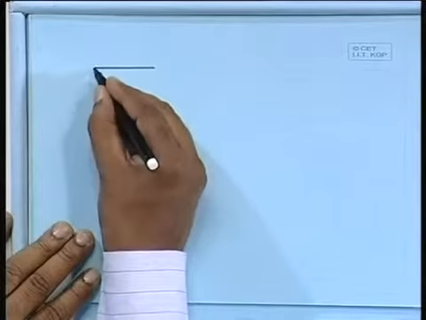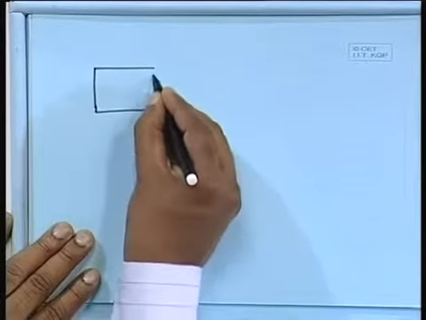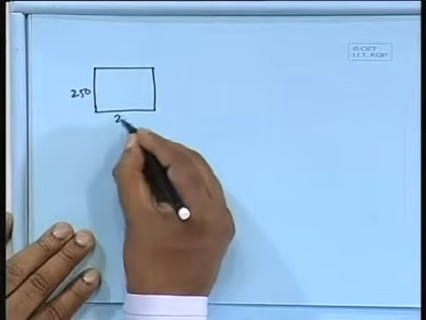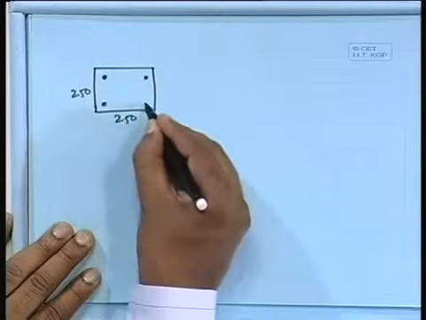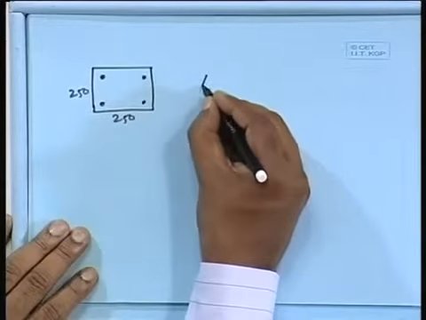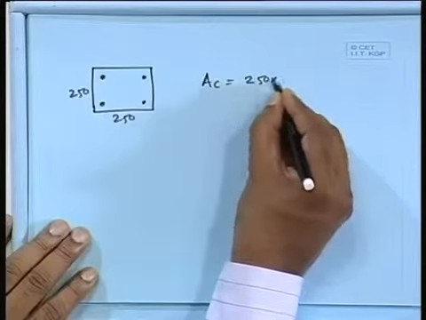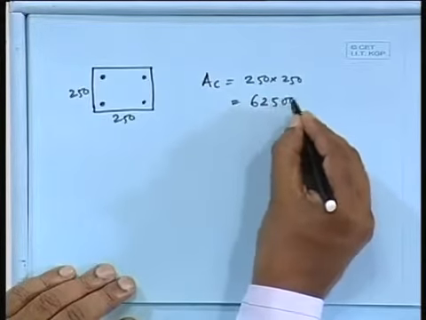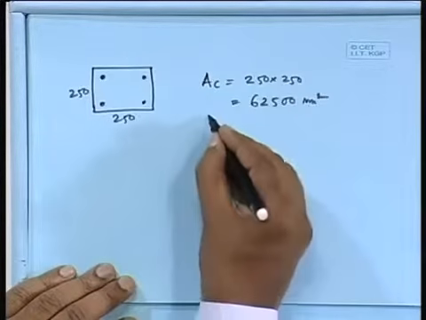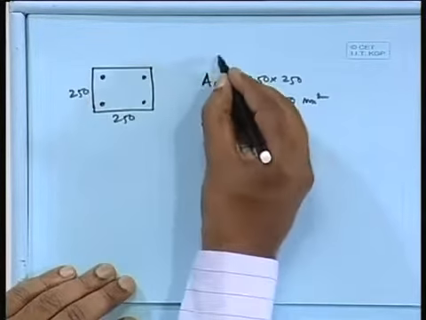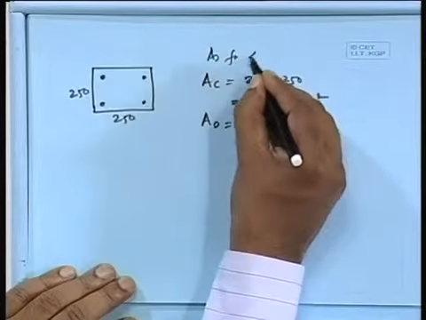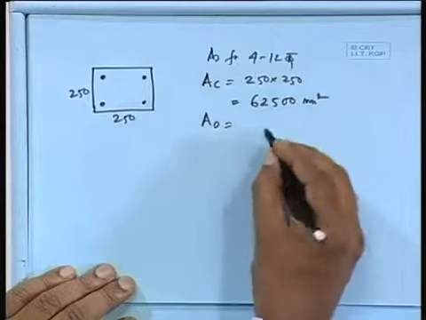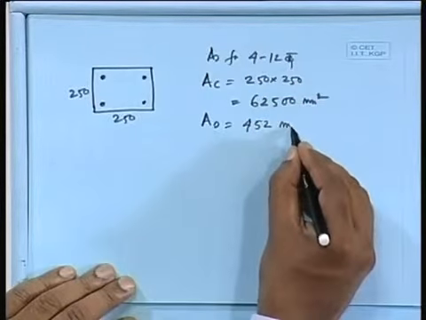So if we take a square section 250 by 250 the same way, so Ac equal to 250 into 250 equals 62500 millimeter square, and Ast for 4-12 we are using the same one, which is coming as say 452 square millimeter.